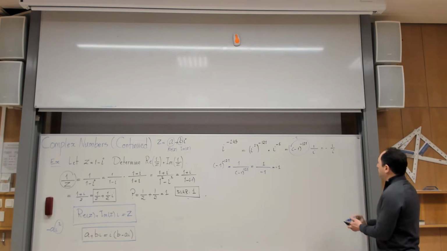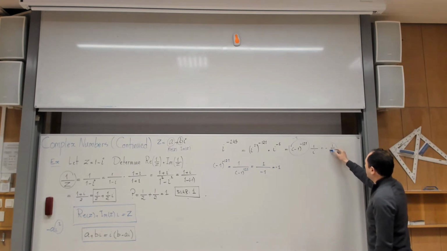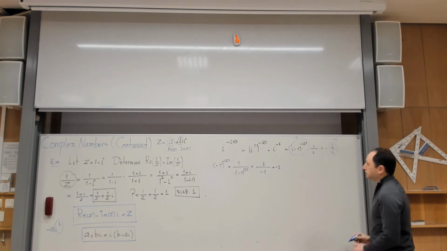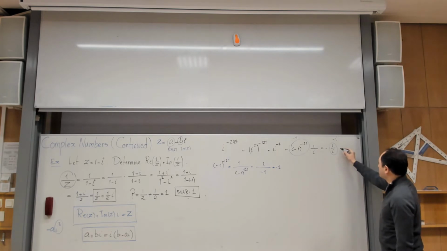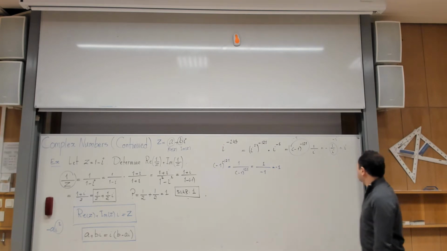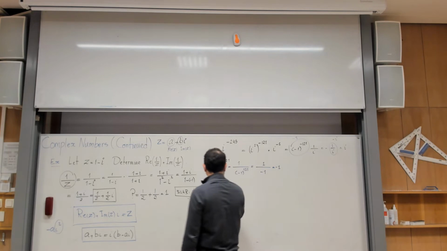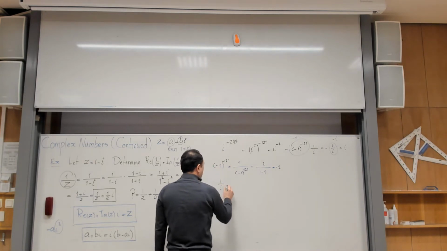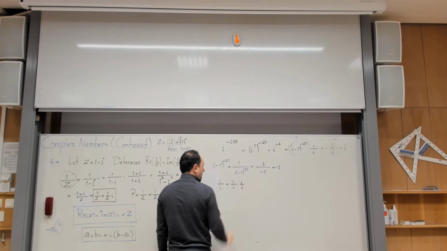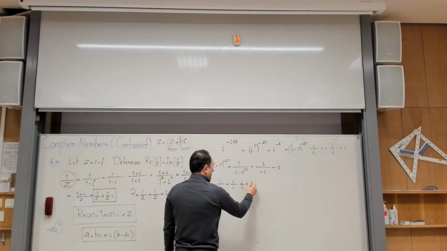But do you remember, I told you something about 1 over I. It's minus I, last time. So this becomes positive I again. Why is 1 over I minus I? I can write 1 over I, multiply it by I and divide it by I. So then it becomes I times I squared, which is minus 1.